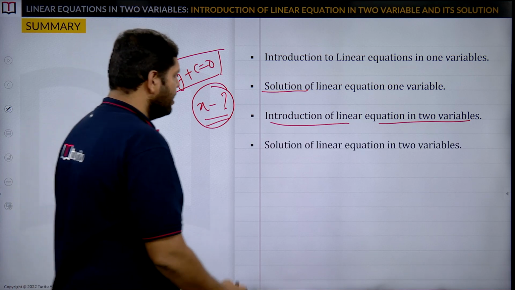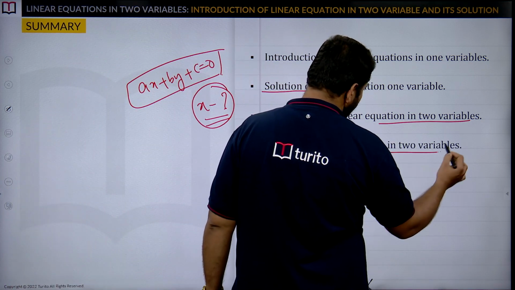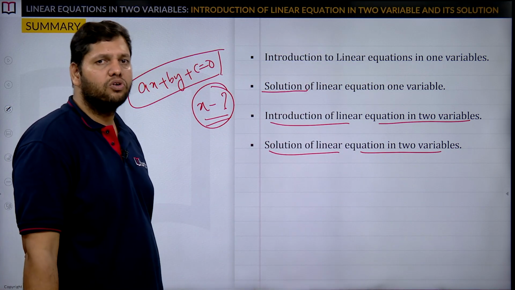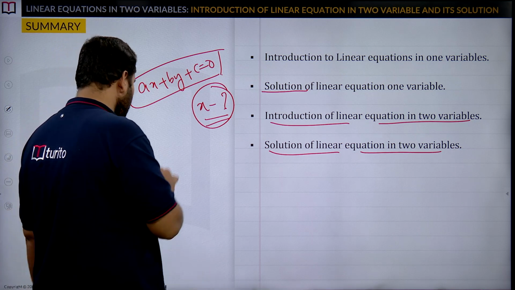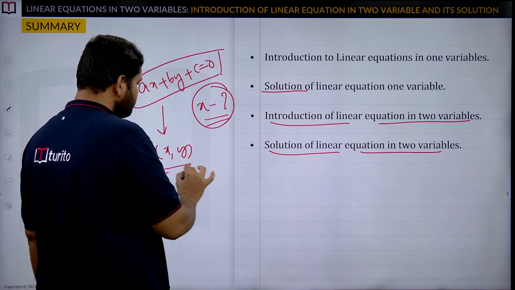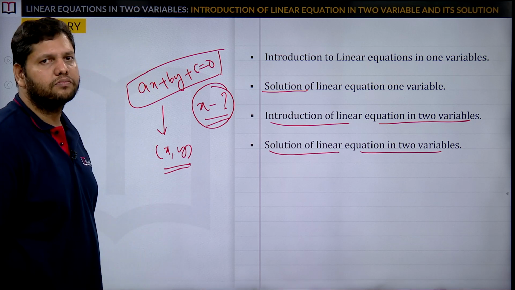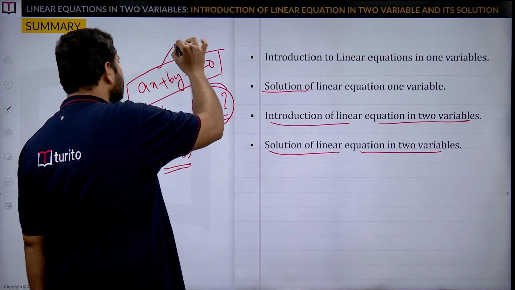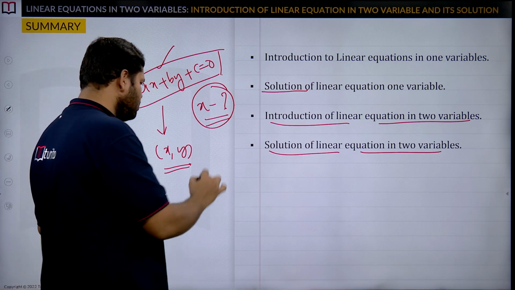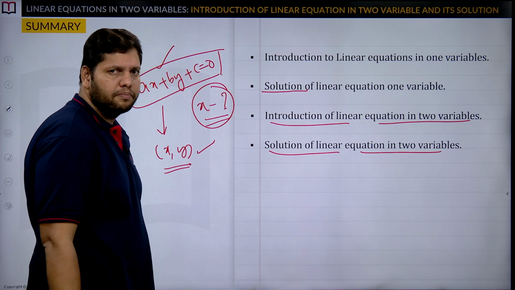Next point, a solution of a linear equation in two variables. Like I told you already, the pair of x comma y values which satisfies the complete equation is called the solution of a linear equation in two variables.